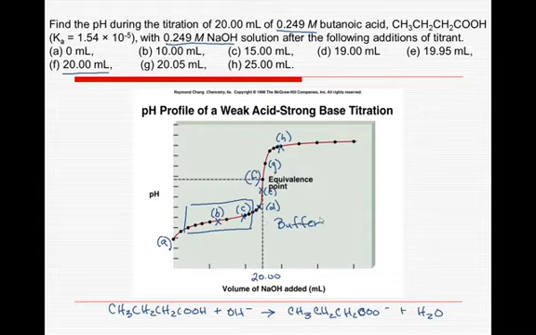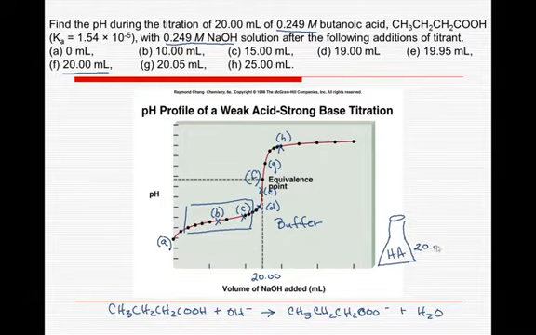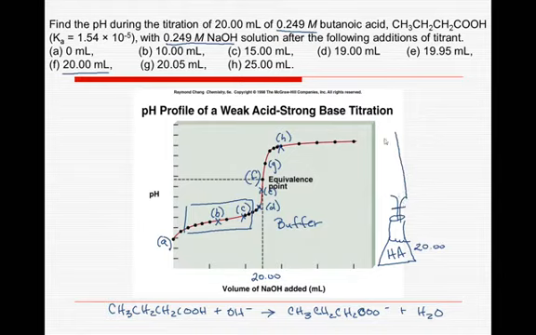What are we adding? Well, let's get a picture in our mind of what's going on here. We have got our solution, okay, and in this flask is our acid, and I'm just going to label it HA, and I've got 20 milliliters of that acid in this flask, and we're monitoring the pH of this flask. Now we've got above this flask a burette that contains the sodium hydroxide.